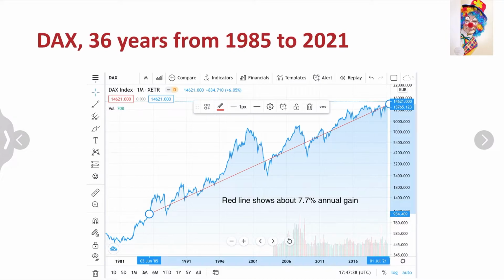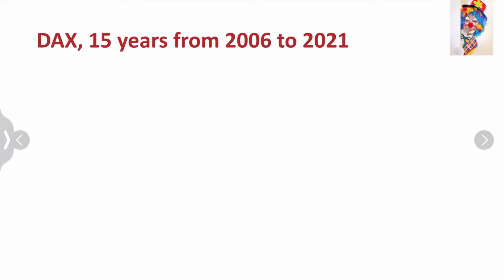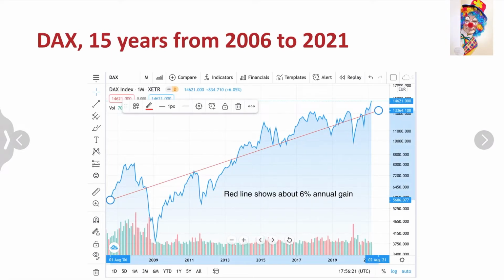Let's go to a different time window here for the German stock index. Now 15 years from 2006 to 2021. And what we see here in this graphic is, it's not so easy to draw this straight line anymore, but I think you can do this, especially here in the later part.